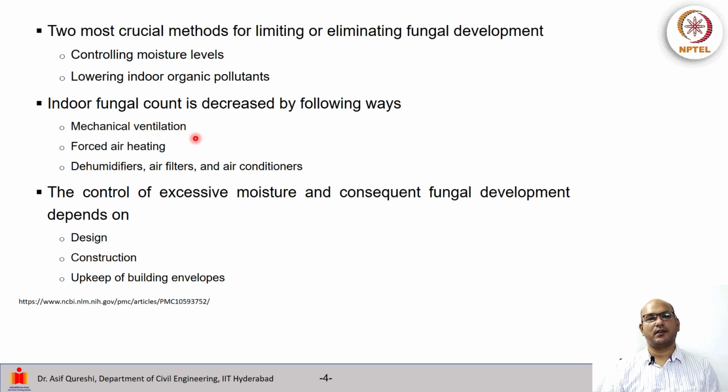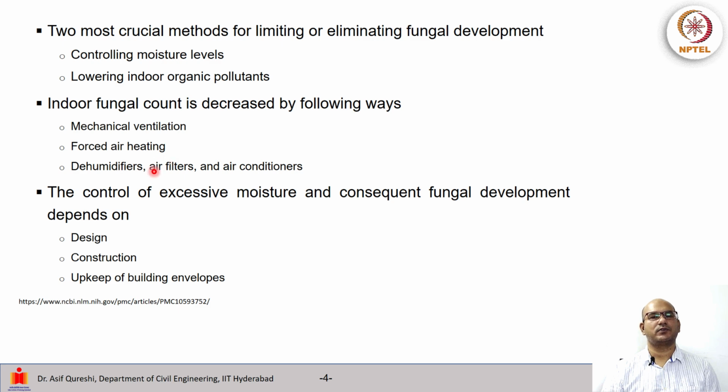Then, as we have seen that moisture or relative humidity inside is positively associated with the fungal concentration indoors, one can have forced air heating, which will sort of limit the moisture content of the air.